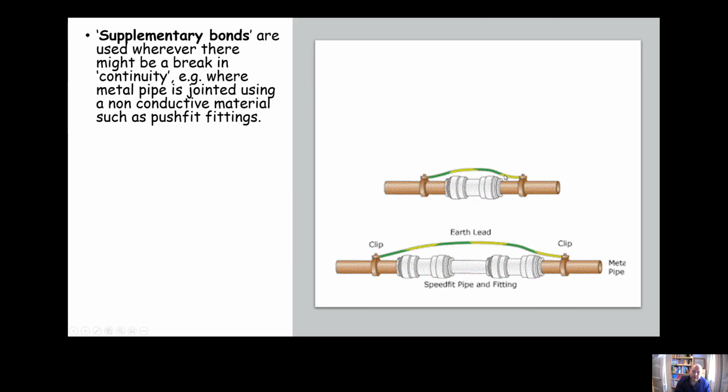The reason is, if you had your main earth connection on the left-hand side of the fitting, but an electrical wire came in contact with the pipe on the right-hand side, that electricity wouldn't be able to flow to earth and therefore would create a hazard. So we should make sure we put supplementary bonding over any plastic joints we might use on metallic pipe.